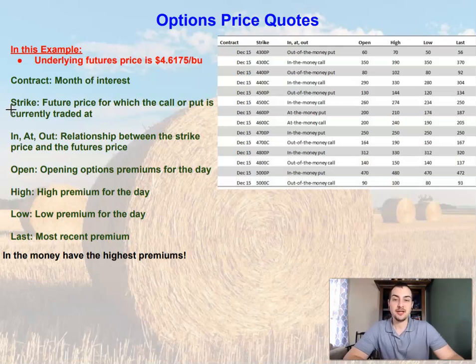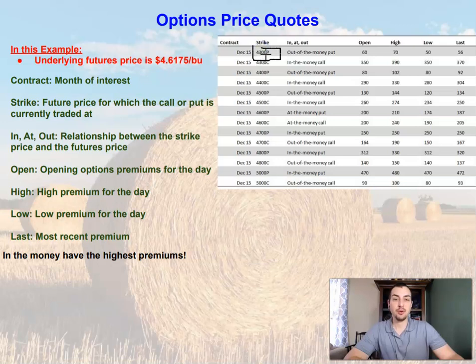Now, the next aspect is the strike price. We see that the strike price will say the value, and then it says either a P and then the value, or a C. Well, that's the put or call. So this right here would be a call contract at $4.30.